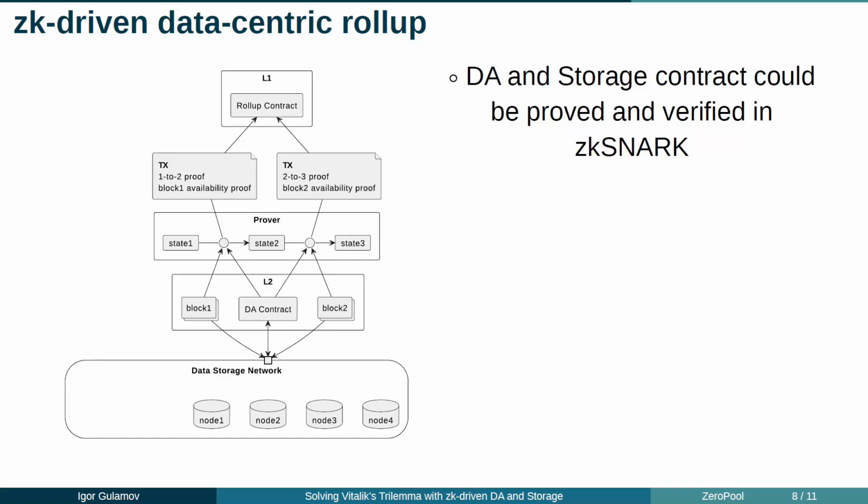We can join it with a rollup execution proof, and this way we can construct a proof with state transition and data availability inside. When we publish this proof on chain, we don't need additional things like floating up the blocks, because with this proof we already know that the data is stored and available, and users can use it.